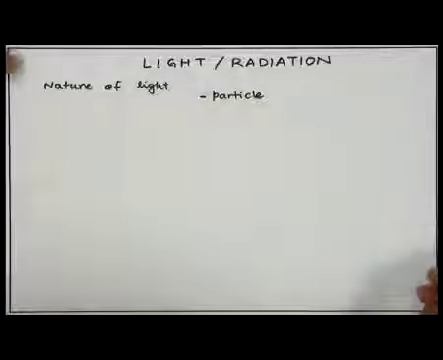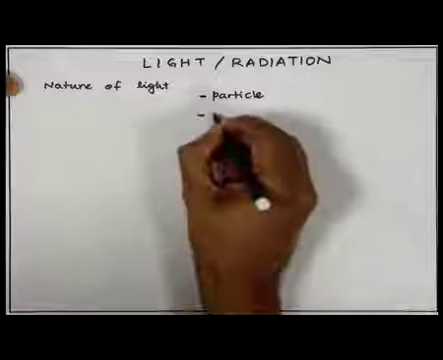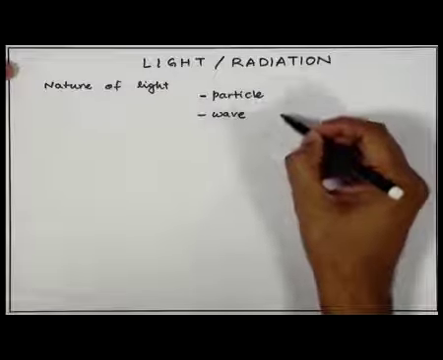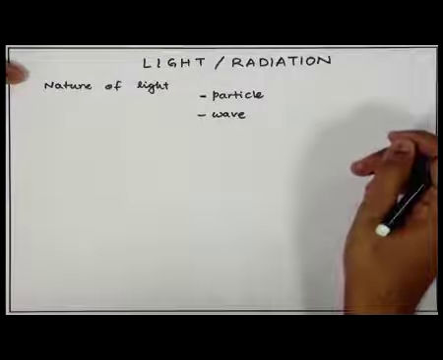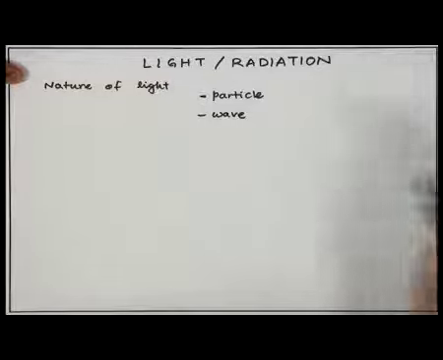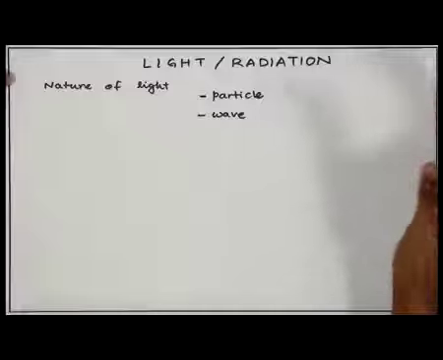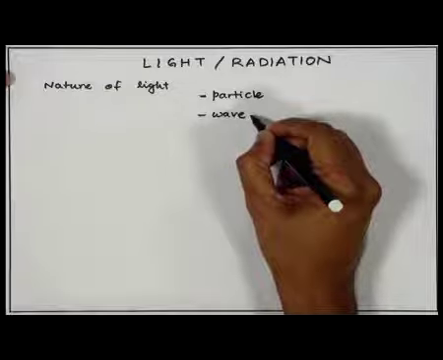Then afterwards several experiments showed that light has wave-like properties, because light showed diffraction and interference, which are typical wave properties. So, since light showed diffraction and interference, it was believed that light is a wave. Afterwards, as we will discuss during this course, there were many experiments which could not be explained if we invoke the idea that light is a wave.